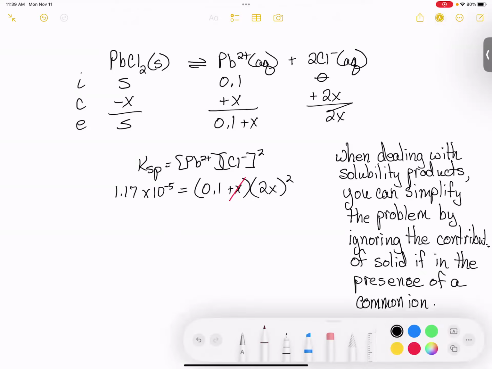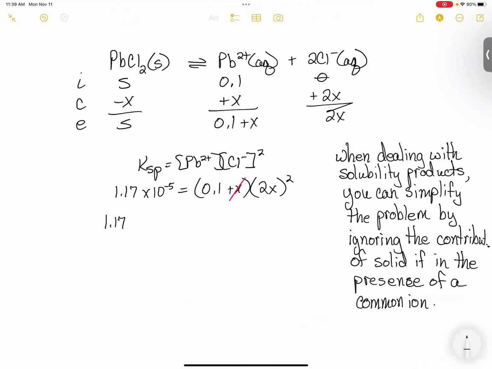Therefore, simplifying this, 1.17 times 10 to the minus 5 is equal to 0.1 times 4x squared, or 1.17 times 10 to the minus 5 is equal to 0.4x squared. So what did you get for an x?